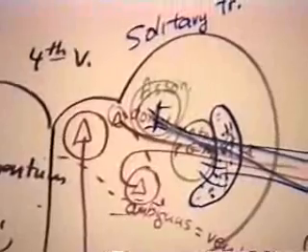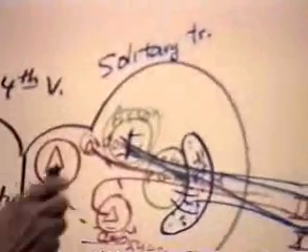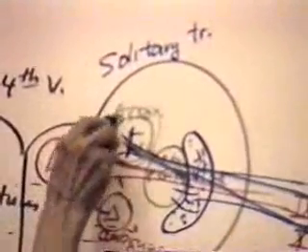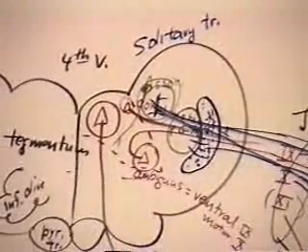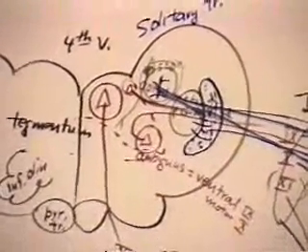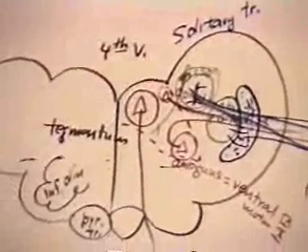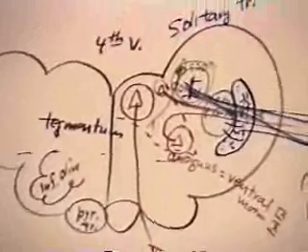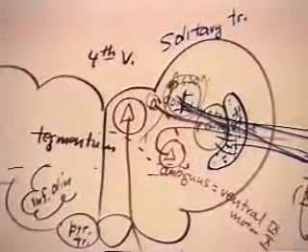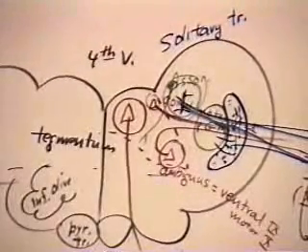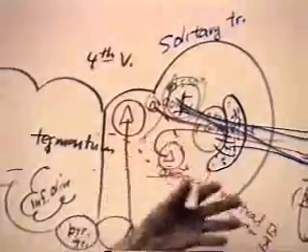This nucleus turns out to be a very important one in terms of making connections to a particular formation in the tegmentum between the other motor nuclei. And this particular formation turns out to be very important for functions of heart, lungs, and GI tract.